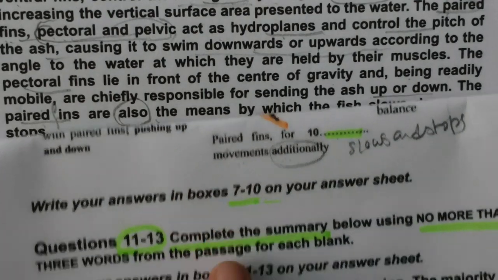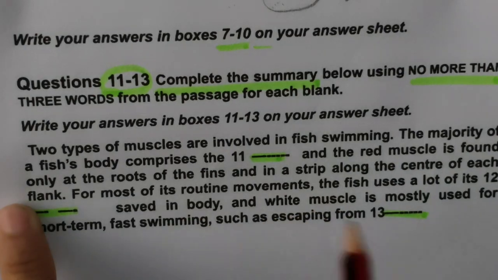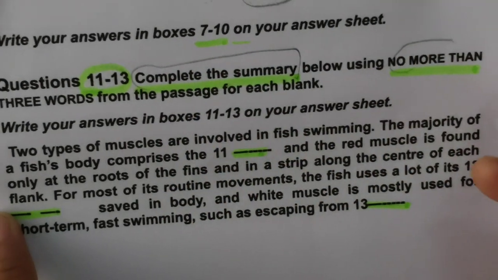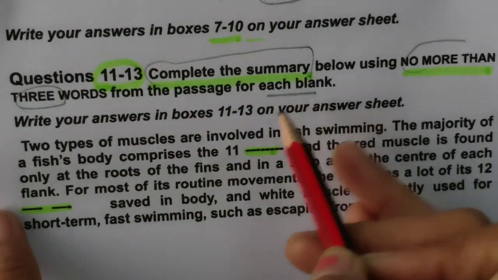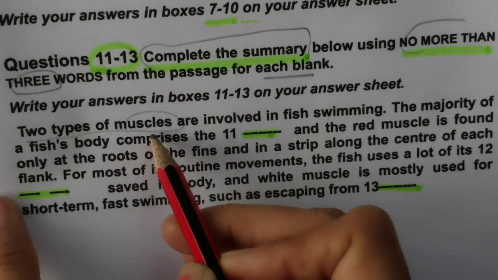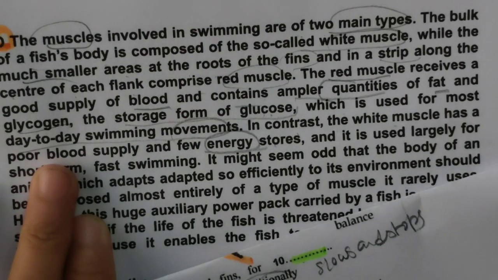Okay, now next question, 7 to 10 number. The next question says complete the summary below using no more than 3 words from the passage for each blank. So 2 types of muscles. We know they were talking about muscles. The 2 types word was in this paragraph. See this, muscles.